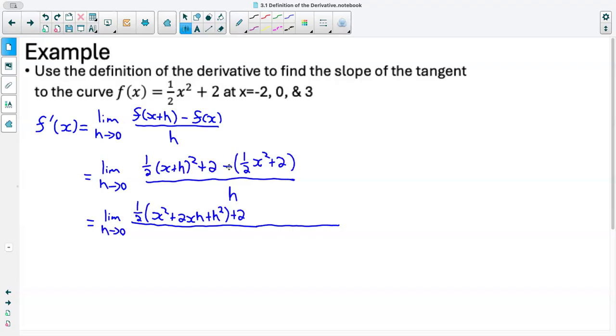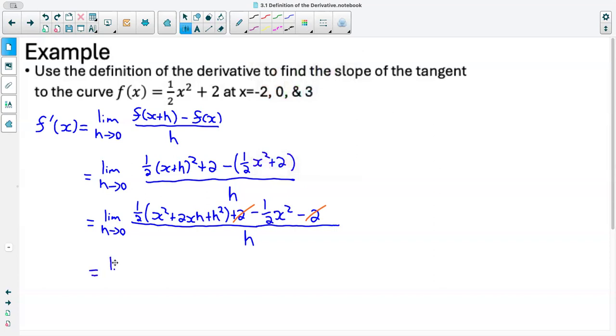And then we'll apply this negative to both these terms. So minus 1/2 x squared. And then we've got minus plus 2, so minus 2. And that's over h. Now, one thing that we can notice right now is that we've got plus 2 and a minus 2, so those can cancel out. We'll multiply this out in our next step.